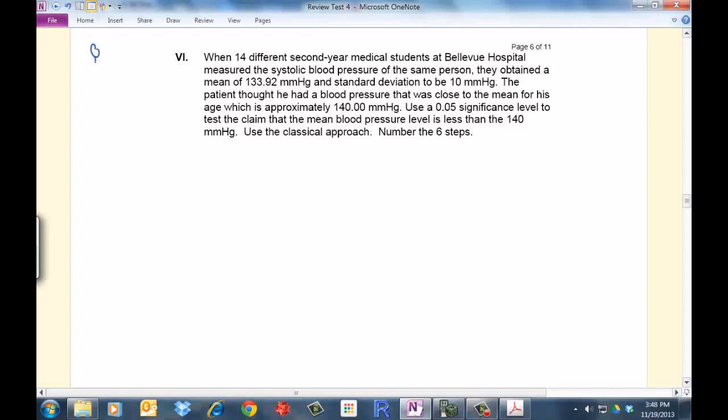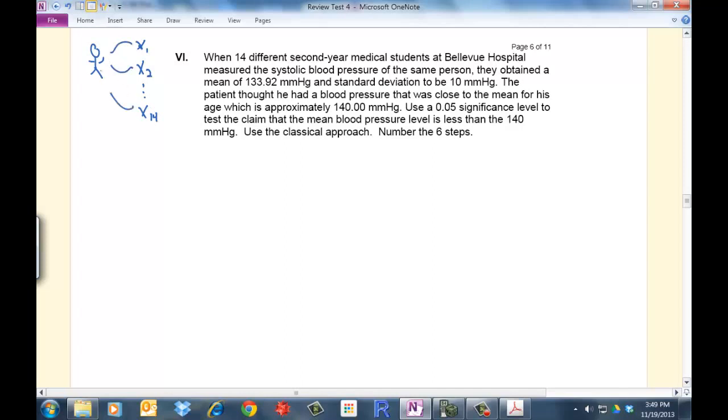So essentially what you have over here is you've got this guy, and then you've got the first second-year medical student, the second second-year medical student, all the way down to the 14th second-year medical student. And they each took this guy's blood pressure reading, okay?